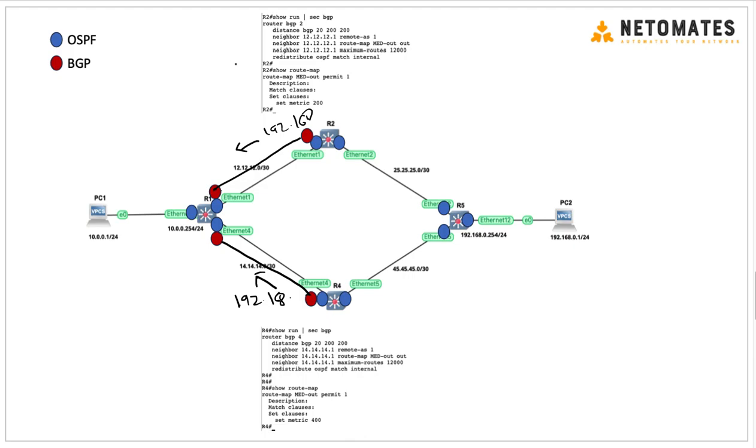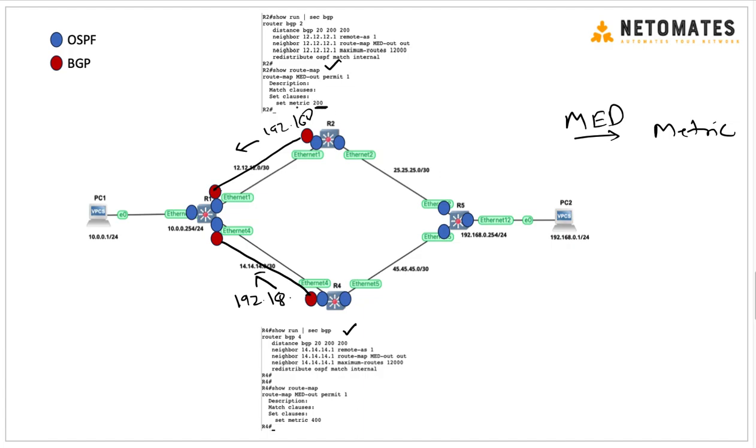So once we advertise from here and here, in BGP we can use MED, that we discussed in the previous classes, as a metric. So whenever I send routes from R2, I am using the metric of 200.